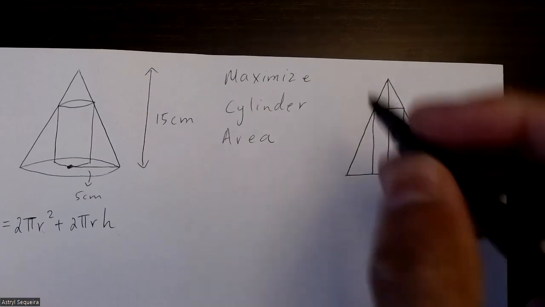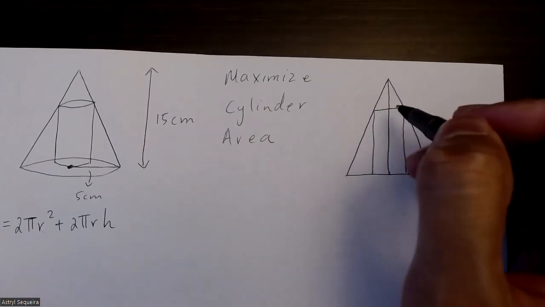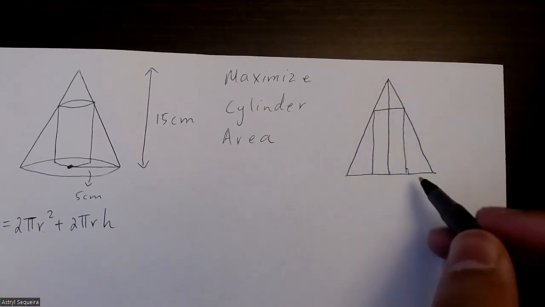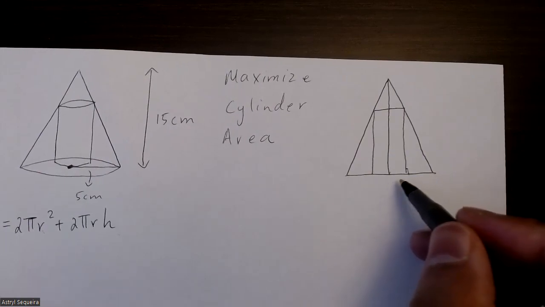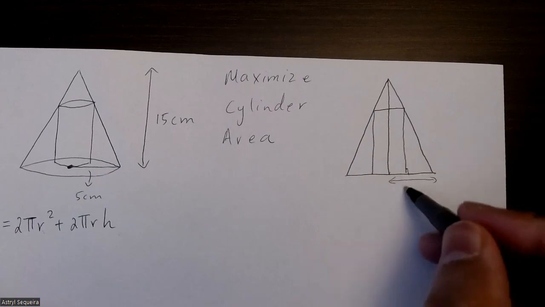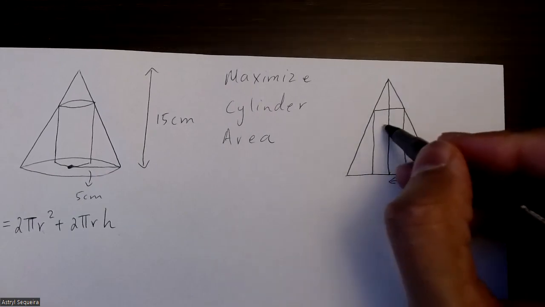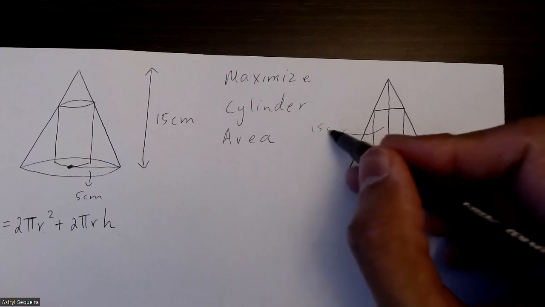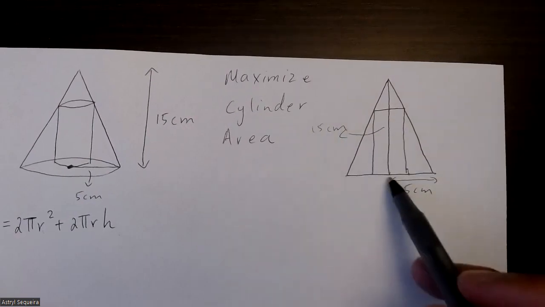This whole thing here is 15. And then I know that this entire radius is 5 centimeters. Height is 15 and the radius is 5.